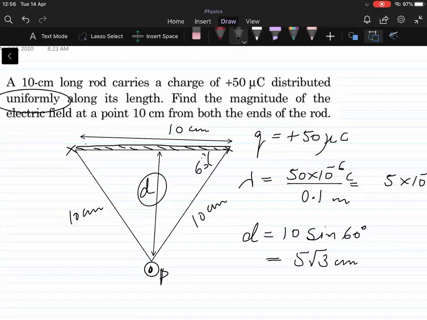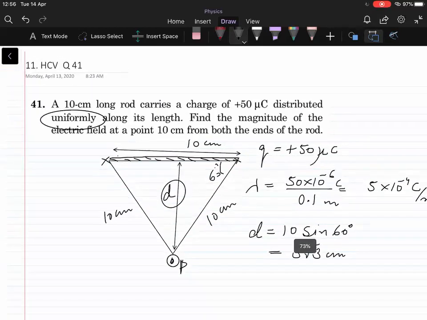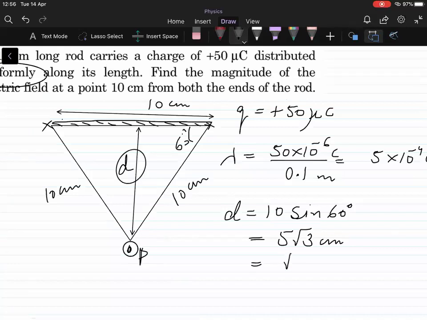Is this clear? This can be written as root 3 by 20 meter also. Okay, so this is the data that has been given to you.